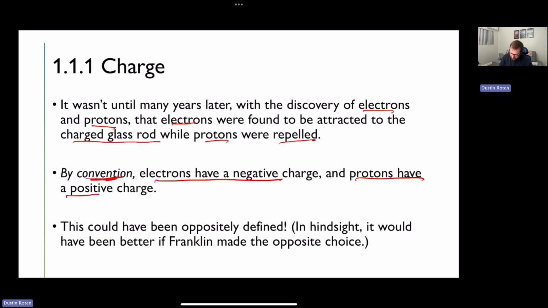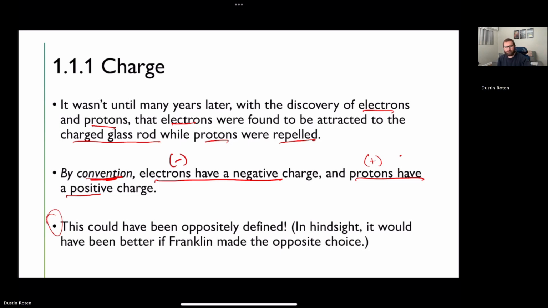So electrons are negative, protons are positive. Now, it's important to note that this could be oppositely defined. That's the whole thing about by convention. That's all that means: this is just how we set it up, so we're running with it.